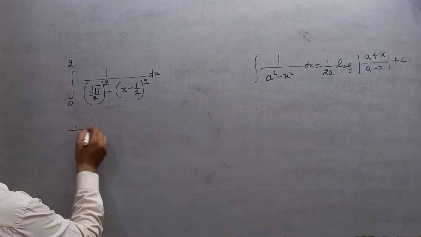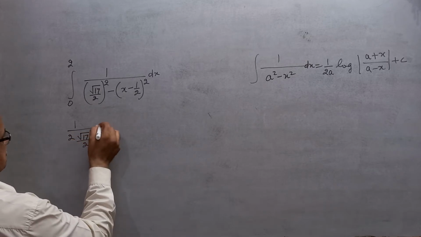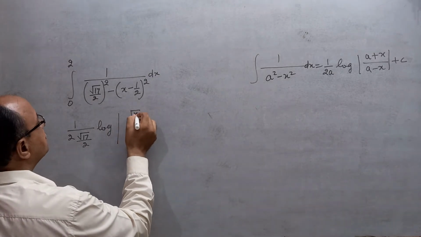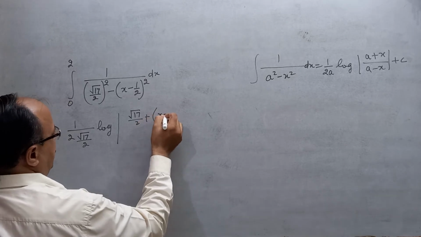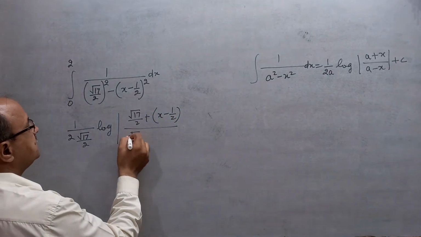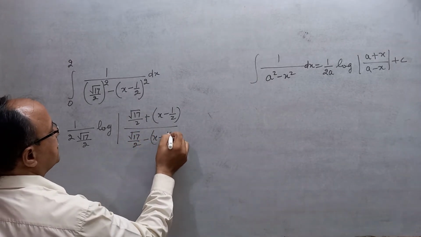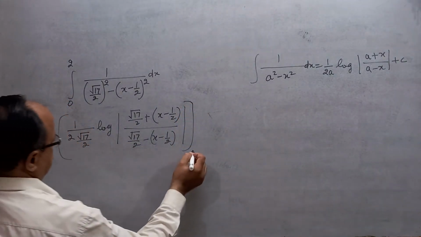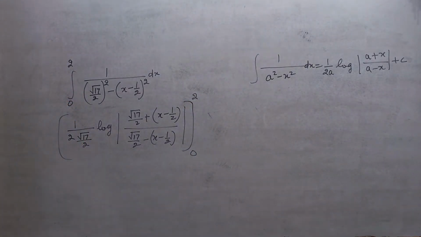You know that 1 by 2a, a is root 17 by 2, that is log of root 17 by 2 minus x minus 1 by 2 upon root 17 by 2 minus x minus 1 by 2, limit 0 to 2.